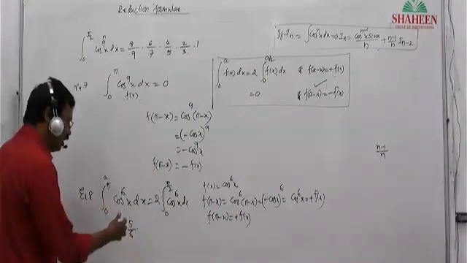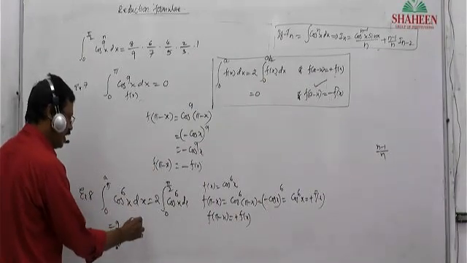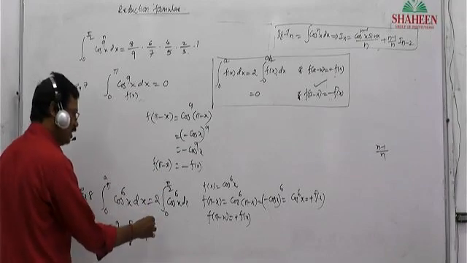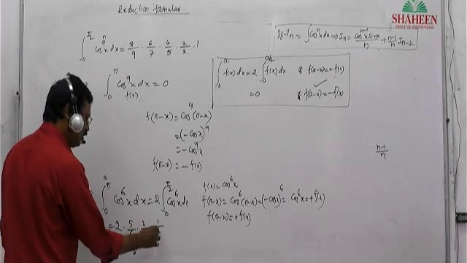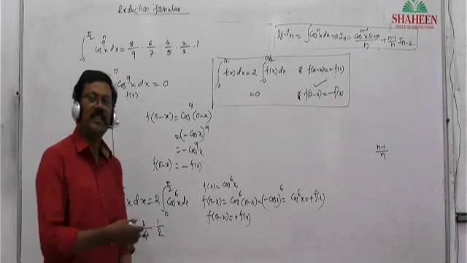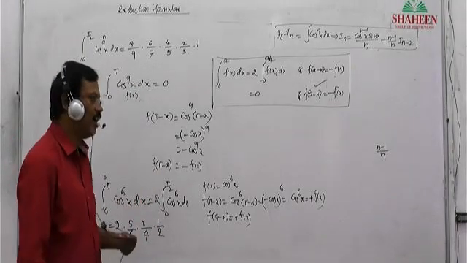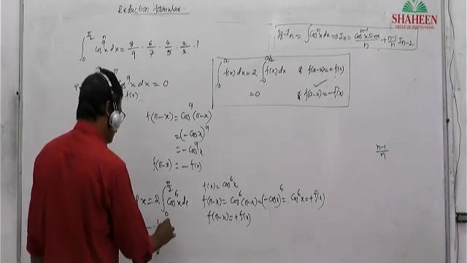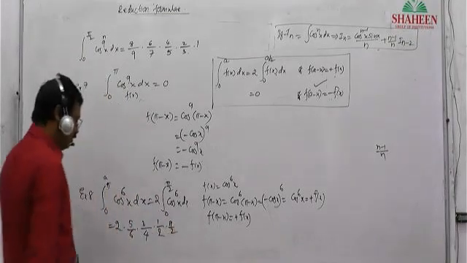Next number, 2 difference: 5 minus 2 is 3, 6 minus 2 is 4; 3 minus 2 is 1, 4 minus 2 is 2. So 1/2 comes at the last. If 1/2 comes at the last, write pi/2. Is it okay, all of you?